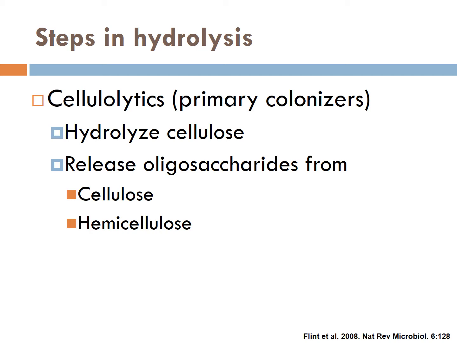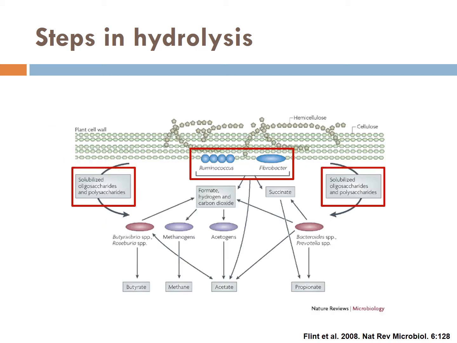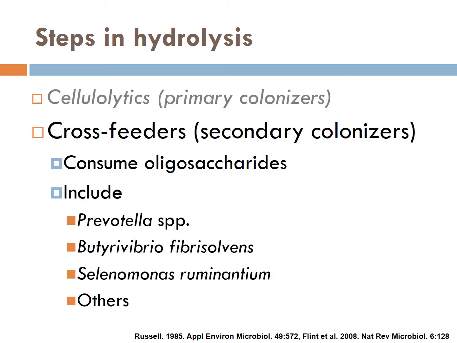As they degrade the cell wall, they release oligosaccharides originating from cellulose and hemicellulose. You can see this action in the current figure, with Ruminococcus and Fibrobacter, the primary colonizers, releasing solubilized oligosaccharides and polysaccharides.